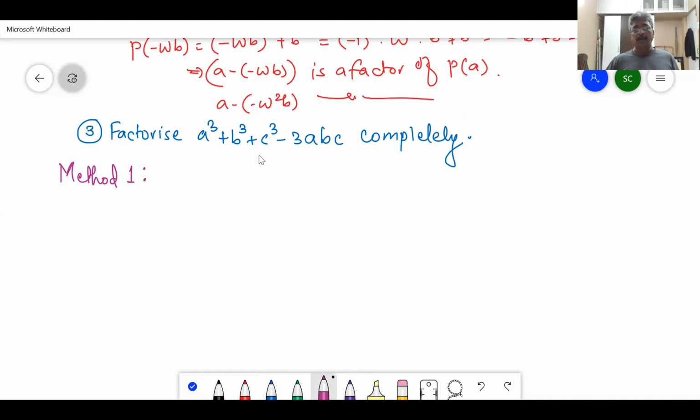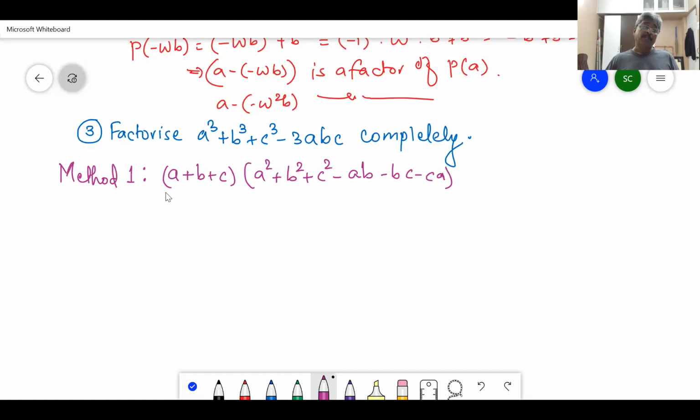We already know that there is a factor of this. What is that factor? A plus b plus c. We know that it is a factor. And then a square plus b square plus c square minus ab minus bc minus ca. We know in real numbers we have already factorized this, and we know this is the factor.